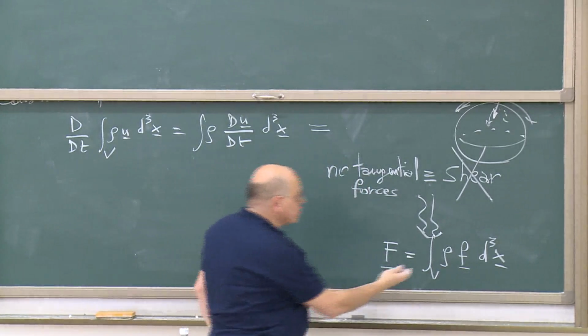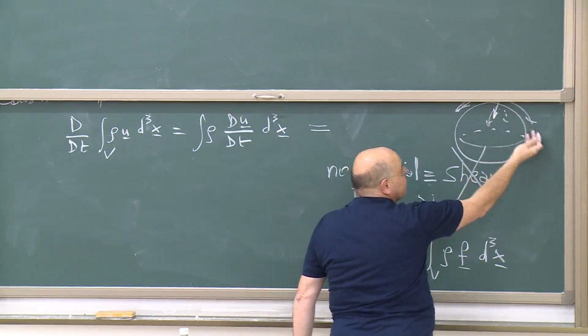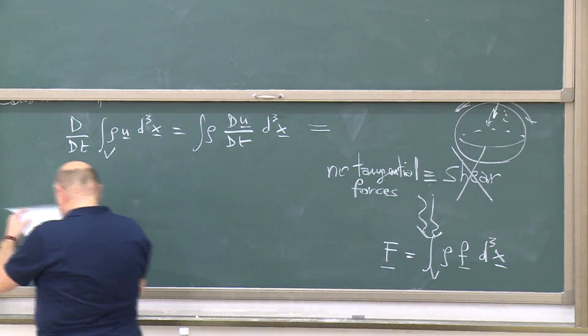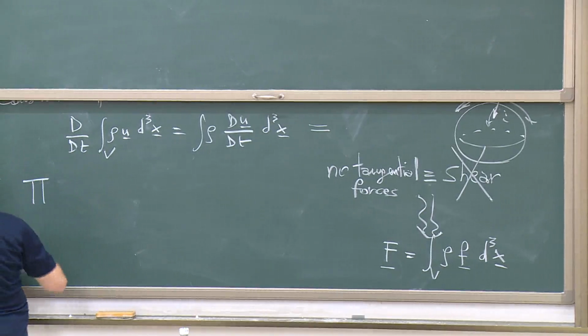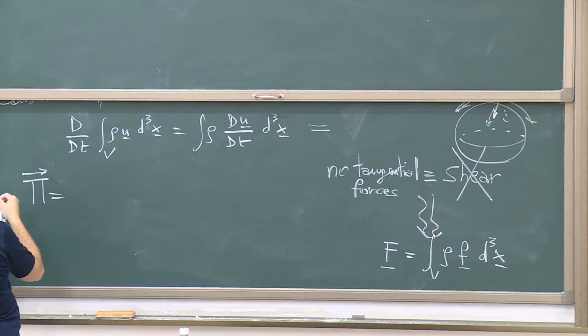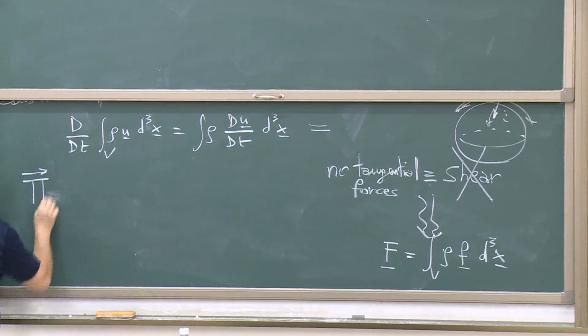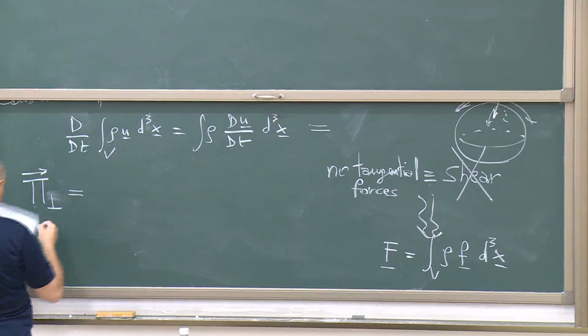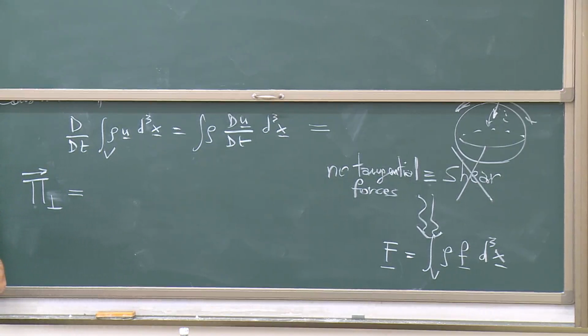So I will transform this into an integral over the surface where the force acts. So let's say a pressure, P. I didn't put a sign here, I'm just making this up. I will denote this with the perp sign, just to remember that these pressure forces are just orthogonal, with no tangential component.